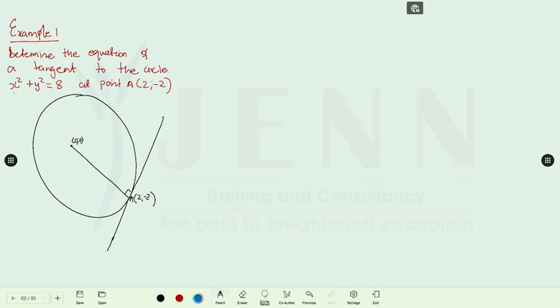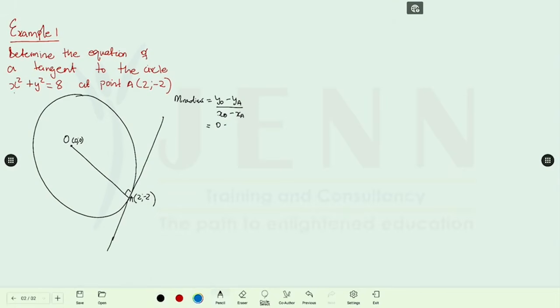That means now, what must we do? Find the gradient of the radius. We say the gradient of the radius equals, let's say this is our center O, the y coordinate of O minus the y coordinate of A, divided by the x coordinate of O minus the x coordinate of A. The y coordinate of O is 0, minus the y coordinate of A, which is negative 2.